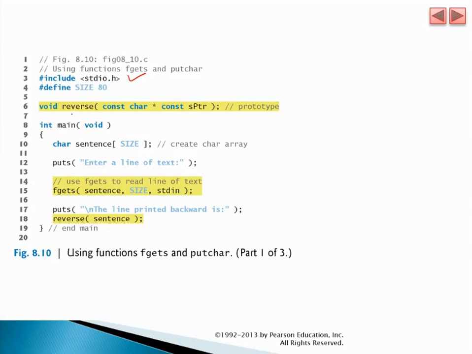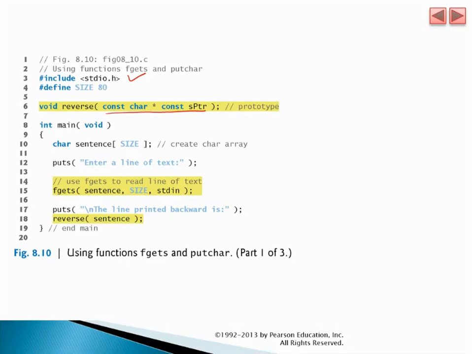We are making a function reverse which will actually reverse whatever is printing on the screen. For that we make this a pointer constant to a character constant.